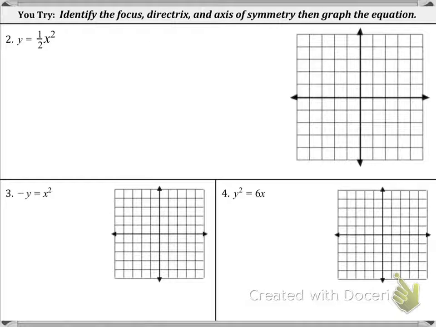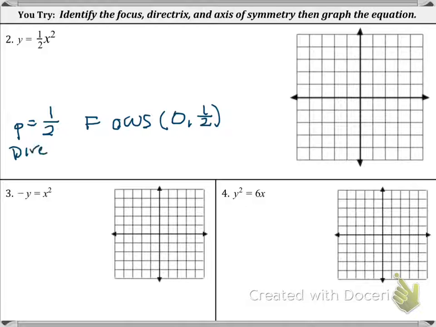So if you tried this one, your p-value is 1/2. The focus then is, now remember this is the y value, so that means we have the y value of our focus, which is (0, 1/2). That means the directrix is y equals -1/2, so it's opposite.